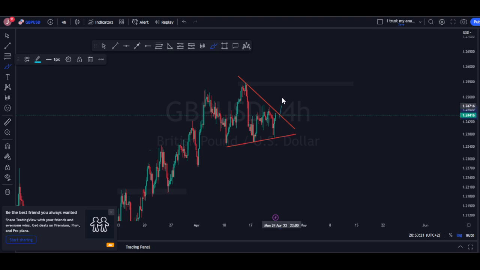Say price breaks out, breaks this high, and gives you a retest here, then you could possibly look for an entry to the upside.